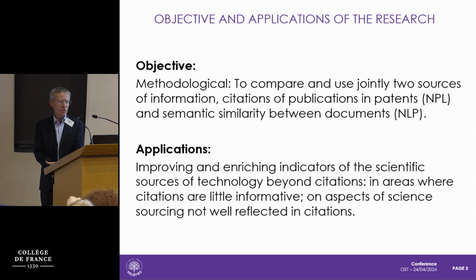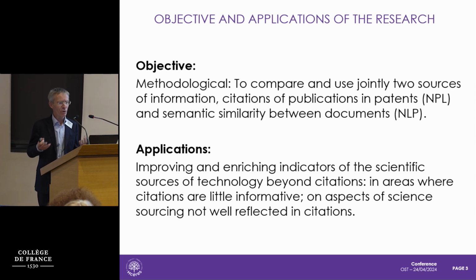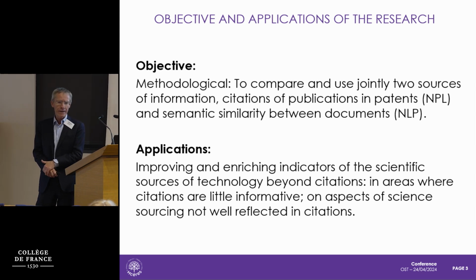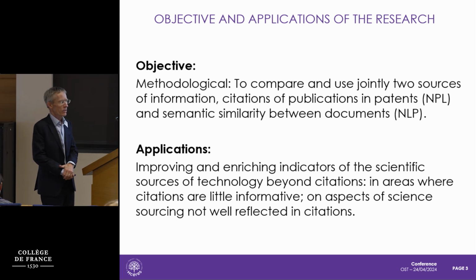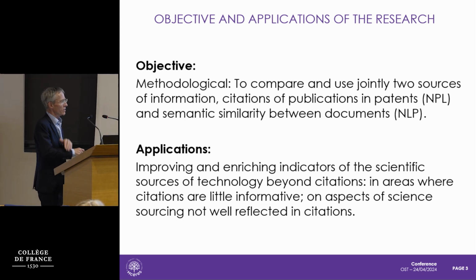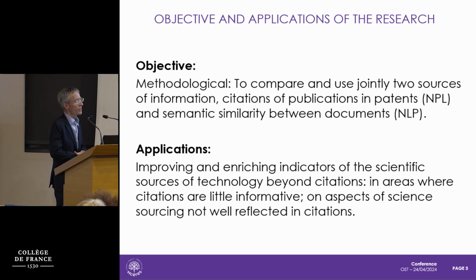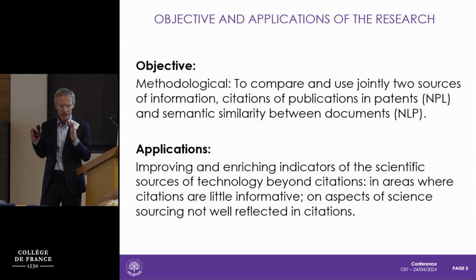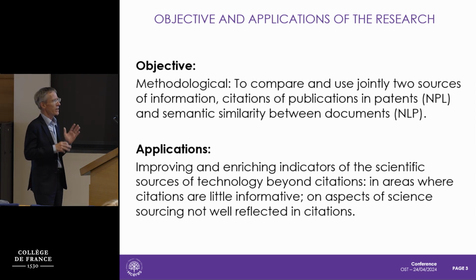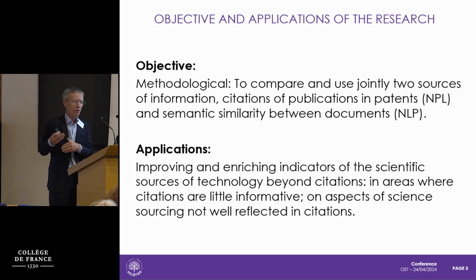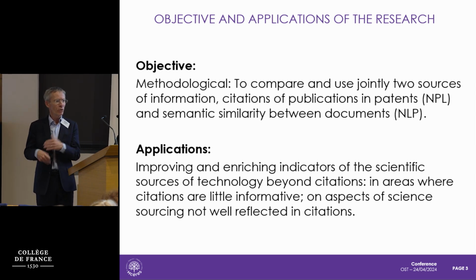In this project, we promised to use two types of indicators: NPL, so non-patent literature, citations of non-patent literature in patents, on the one hand, and NLP on the other hand. Just to clarify, what I mean here by NLP is semantics, in the hardest or most recent sense.